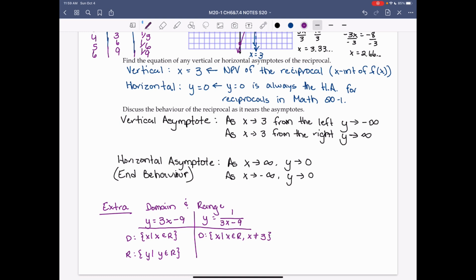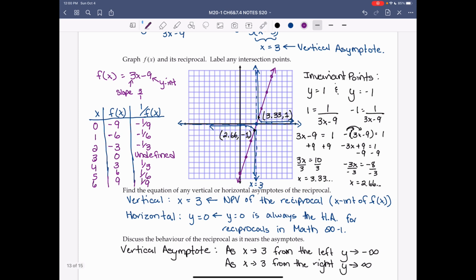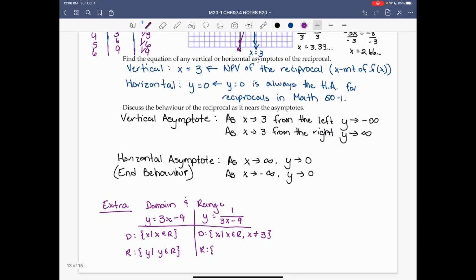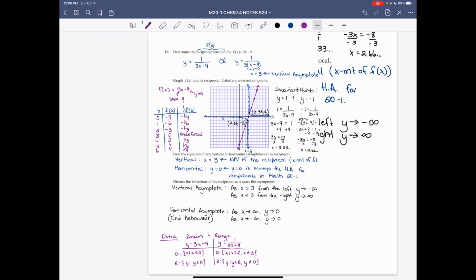So everything except for 3 is what it's saying. And then the range, is there any y value that's undefined? Yes, we have a horizontal asymptote at y equals 0. So y such that y is a real number, y cannot equal 0. All values except for 0.